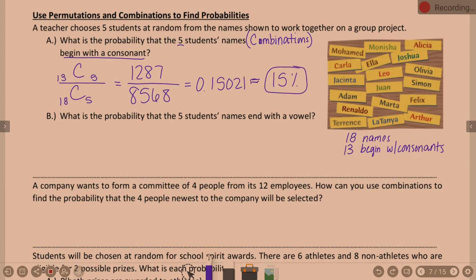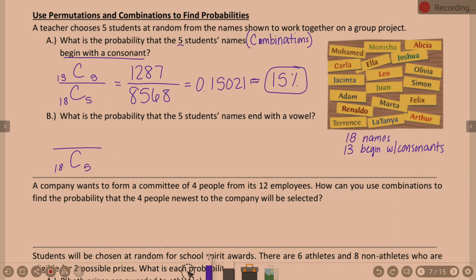Okay. Now, change this one up. Probability that 5 students' names end with a vowel. What are we doing here? On bottom, 18C5, because we're picking, what's the total possible outcomes, picking from all 18 students to fill 5 spots.